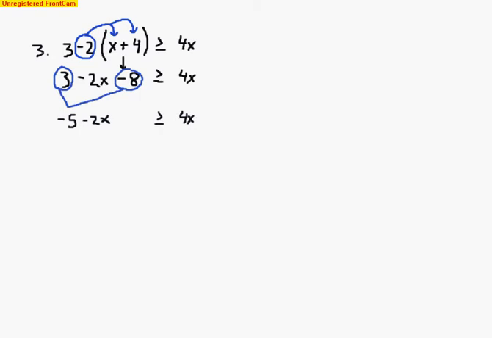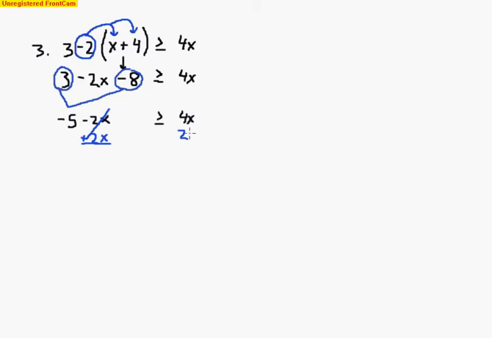Well, from this point, we need to isolate the variable further by doing an opposite operation. And here's where we're going to do that opposite operation because we're trying to cancel out the 2x on the left side. We do that because 2x minus 2x makes 0.